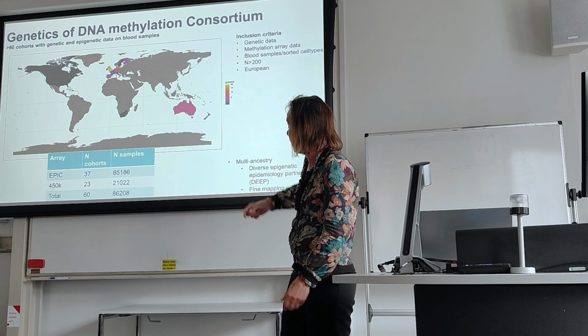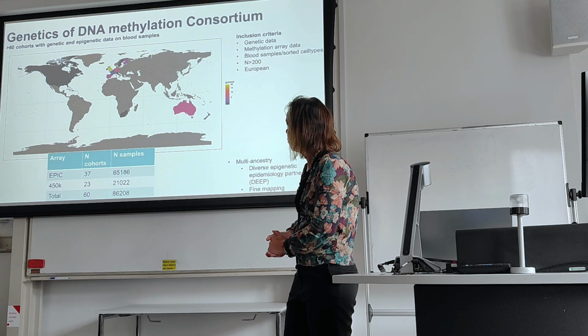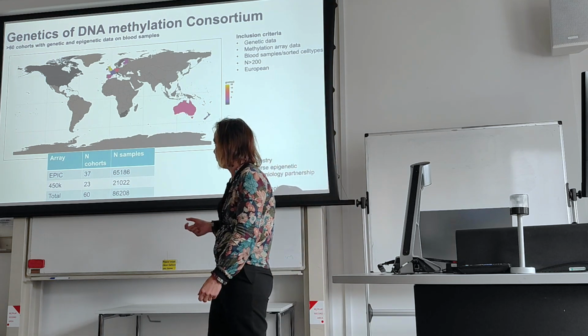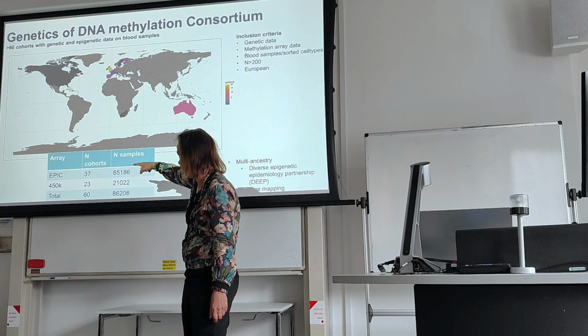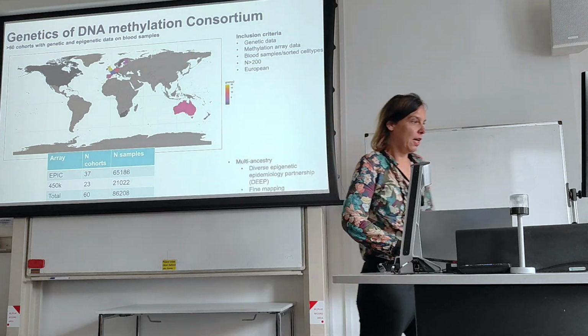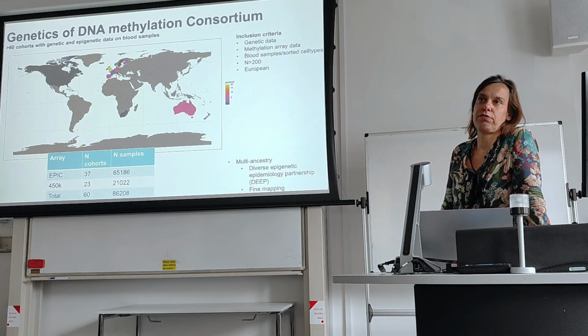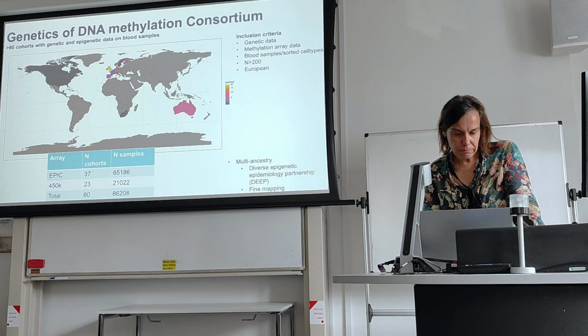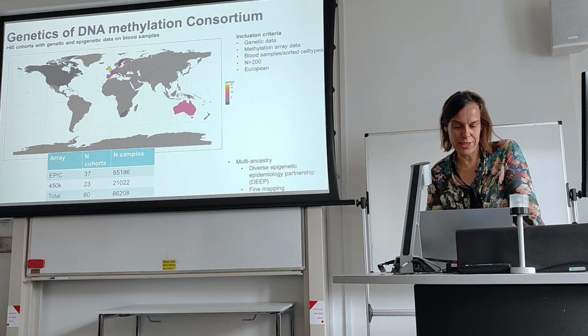They typically have different types of arrays, but we're currently running analysis on the ones with the EPIC arrays. So you really can increase your sample size from around 1,000 samples to more than 60,000. I'll come back to the multi-ancestry part later on.